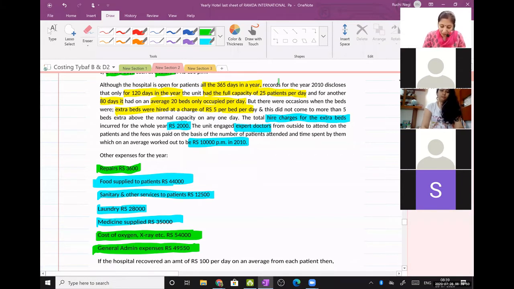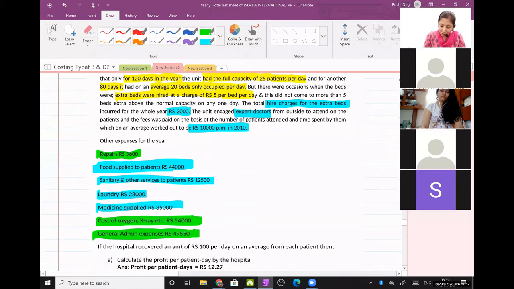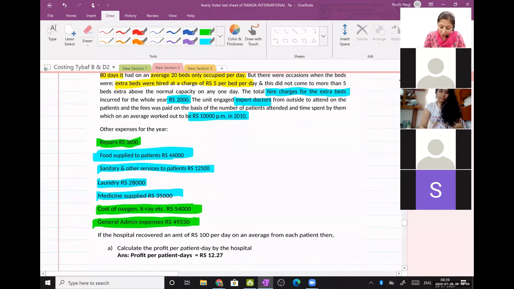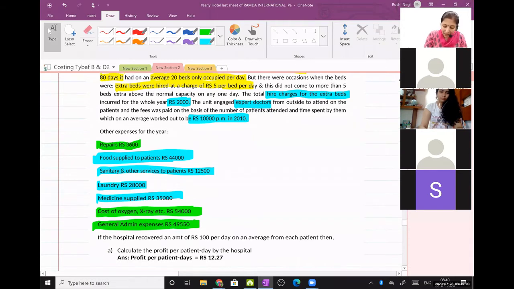If the hospital recovered an amount of rupees 100 per day on an average from each patient, then calculate the profit per patient day by the hospital. Can anybody tell me what this 100 rupees indicates?